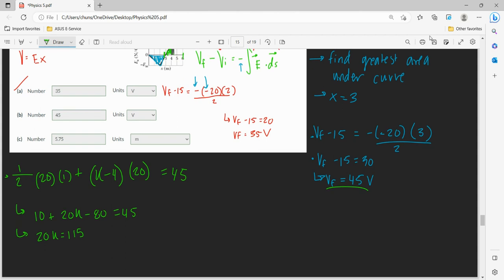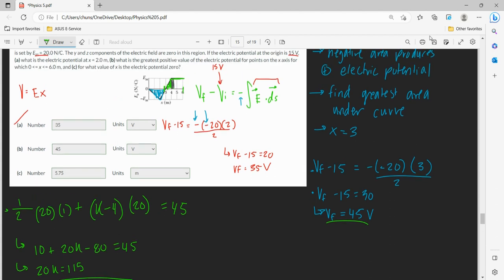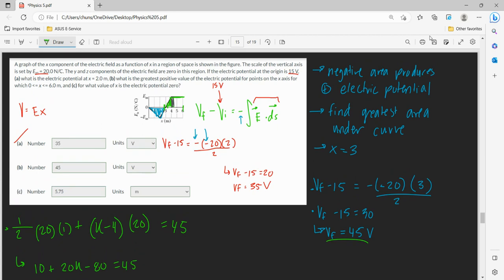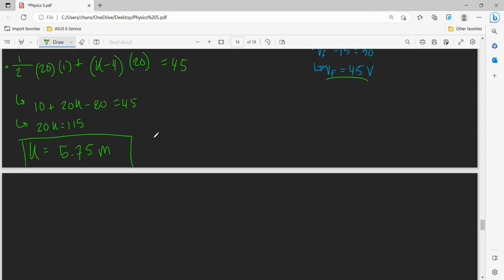And when we divide, that value of k becomes 5.75. And this is our distance where electric potential will be 0. All right, so that's how you can use your knowledge of integrals and graphs and area to find the different values for electric potential at different points of a function graph.